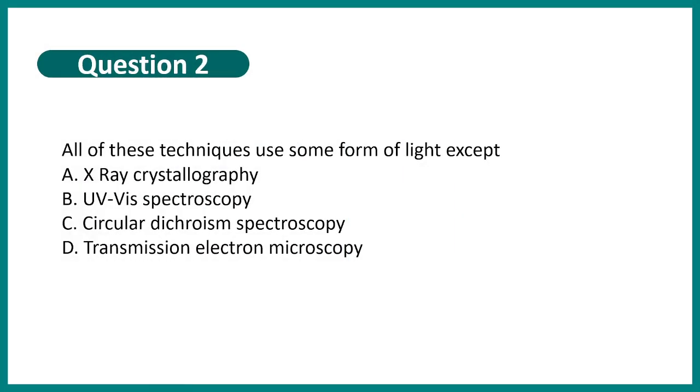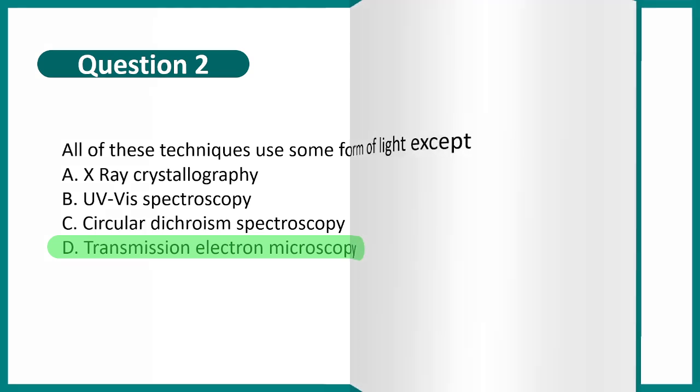Question 2 says all of the following techniques use some form of light except X-ray crystallography, UV spectroscopy, circular dichroism spectroscopy, transmission electron microscopy. And the correct option is option D, because transmission electron microscopes use an electron beam, not a light beam. All other spectroscopy techniques here use some form of light.